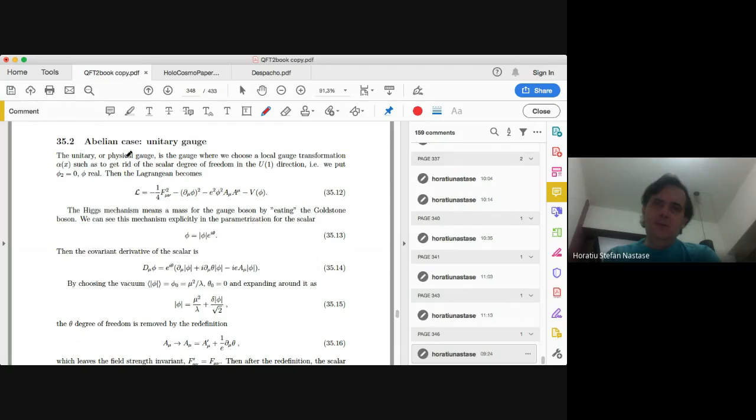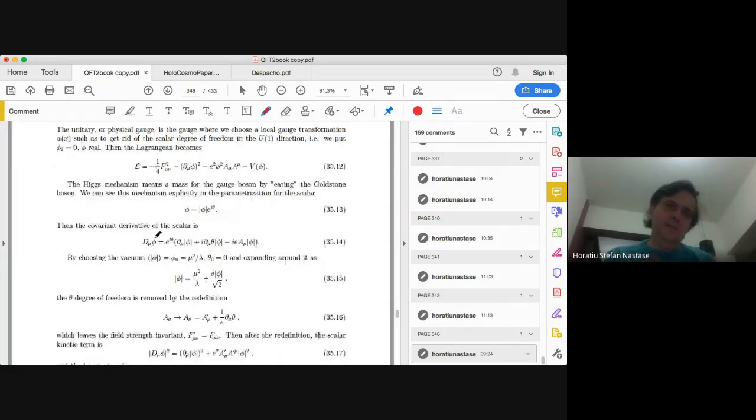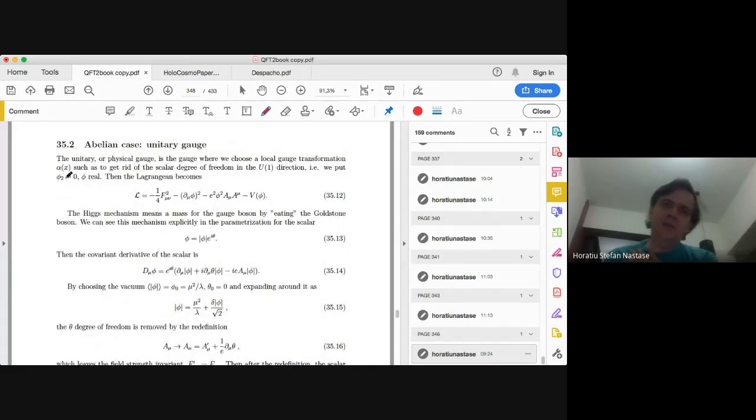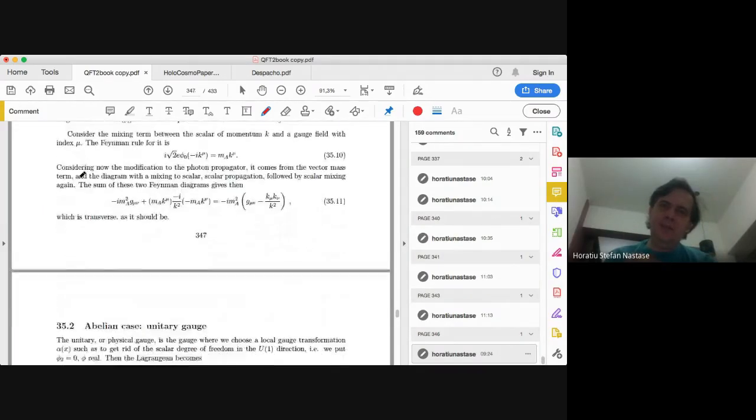So we put the Goldstone boson φ2 equal to 0, and then the gauge boson gets a mass because this e squared φ squared acts as a mass term for the gauge boson. So in this representation, I chose φ2 equal to 0 in order to compare with the previous analysis.